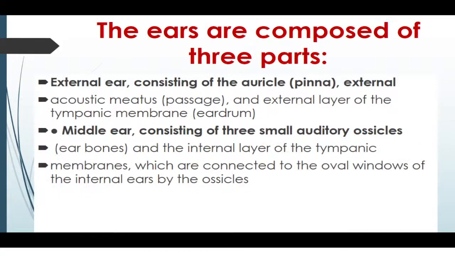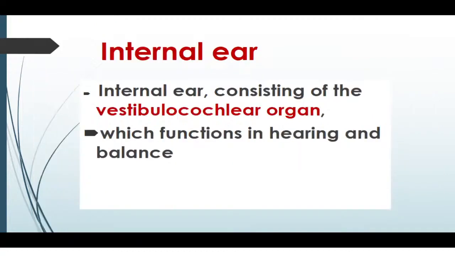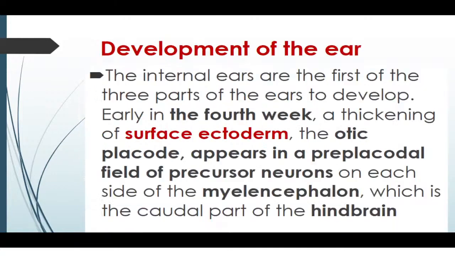The ear is composed of three parts: external, middle, and internal. And we will talk about the internal ear first. The internal ear consists of the vestibulocochlear organ, whose function is hearing and balance.